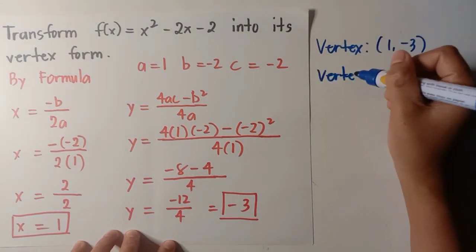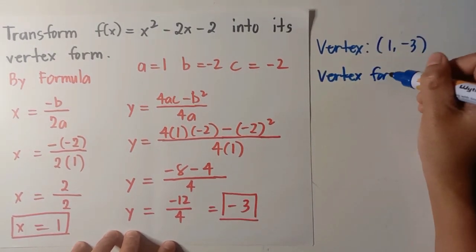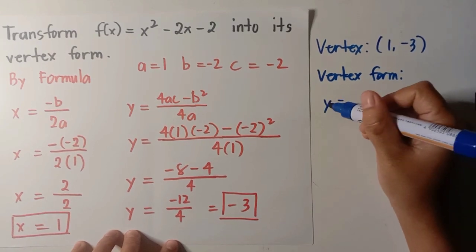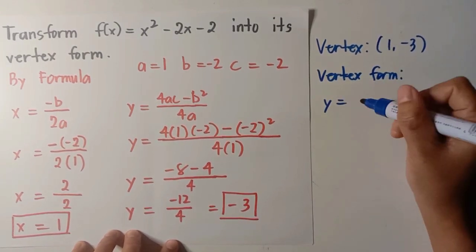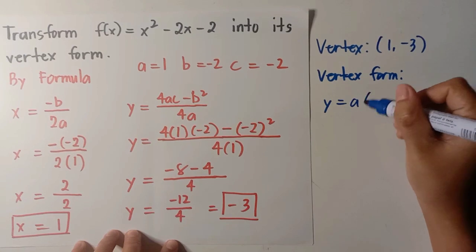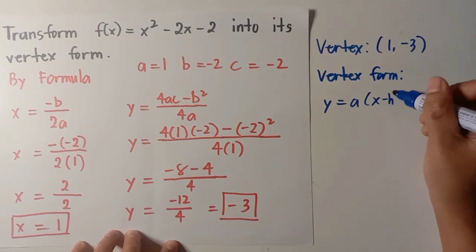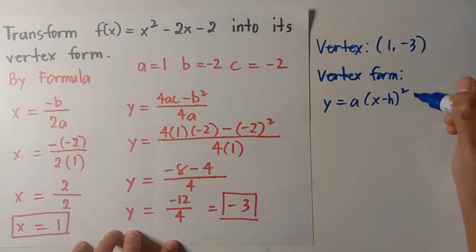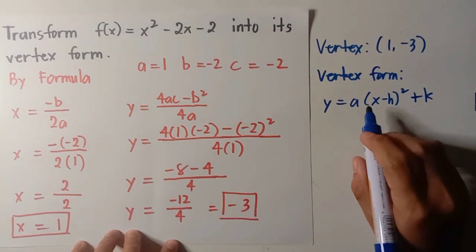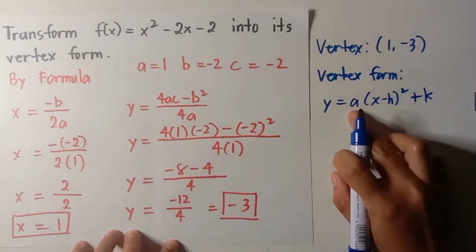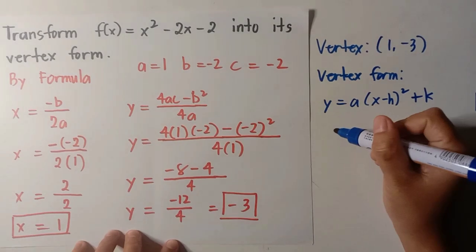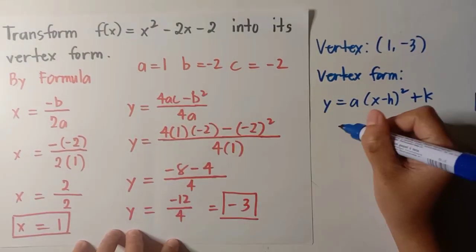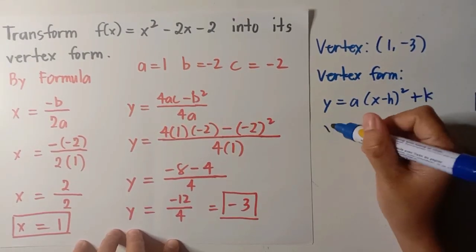And what was again our vertex form? y equals, y or f of x are the same, equals a times the square of x minus h plus k. So all we need to do is to replace a with 1. Since this is 1, we no longer need to write the 1.